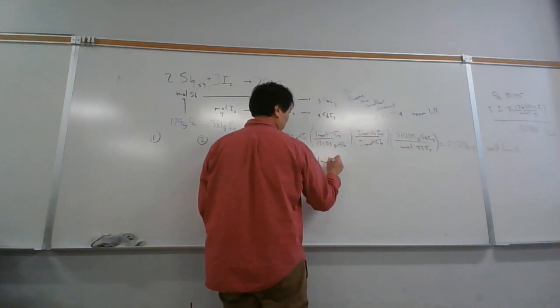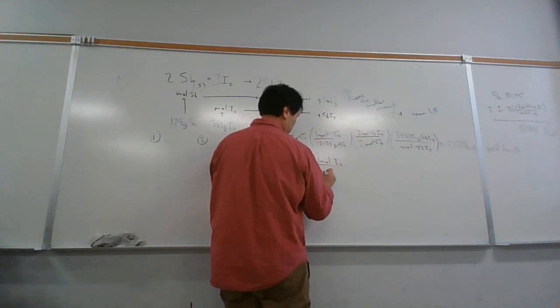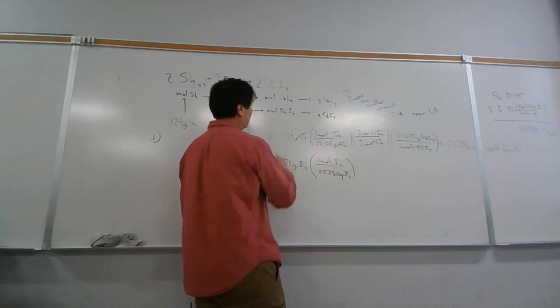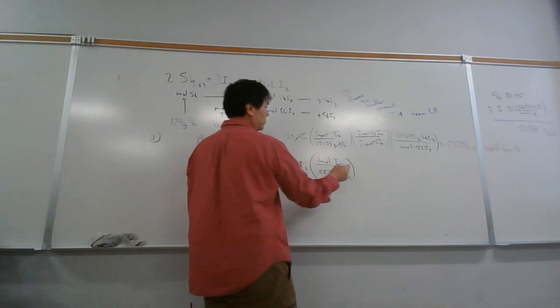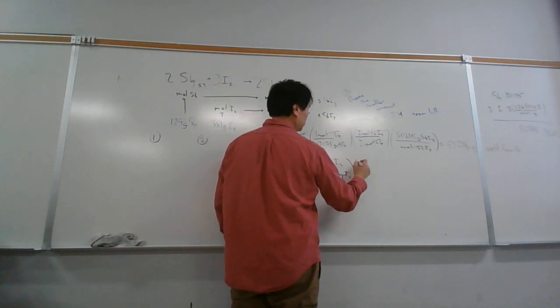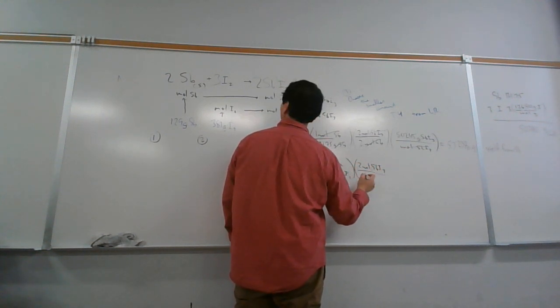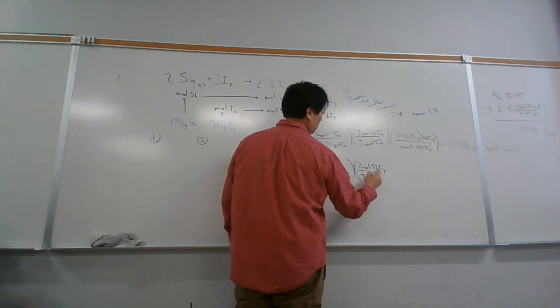So 1 mole of I2 is 253.80 grams. Okay. And then 2 moles of SbI3 for every 3 moles of I2.